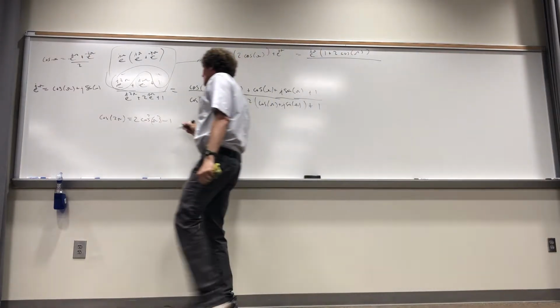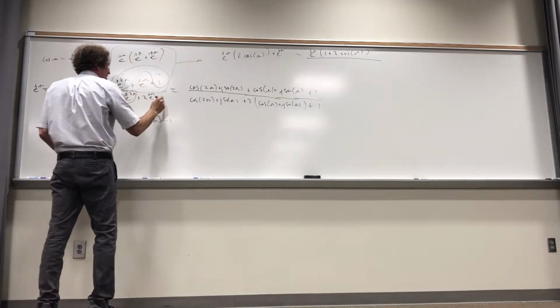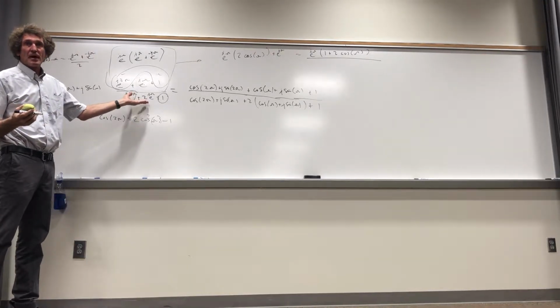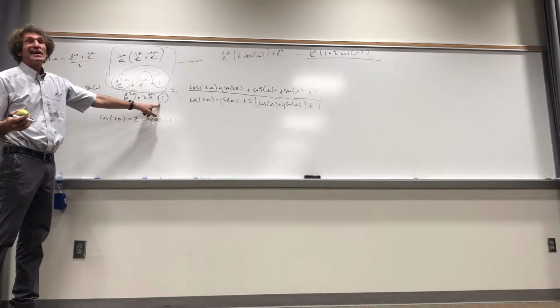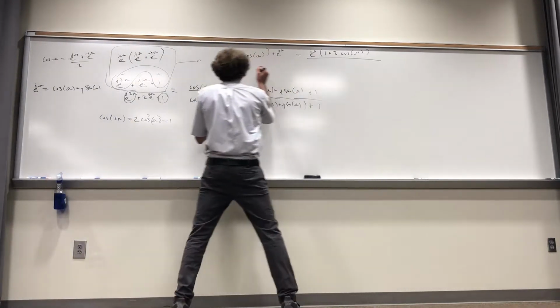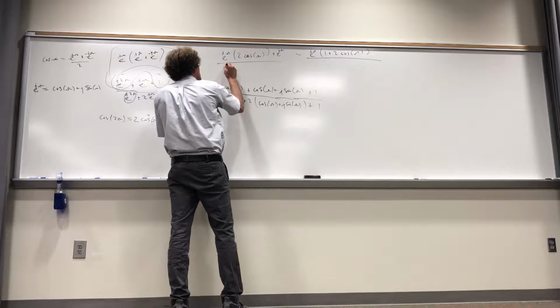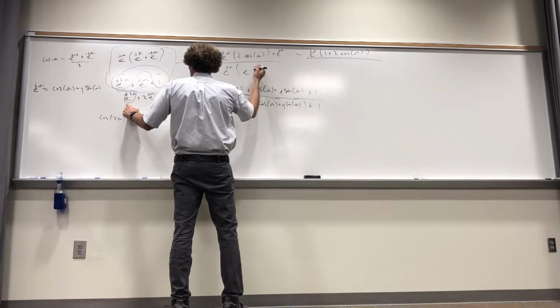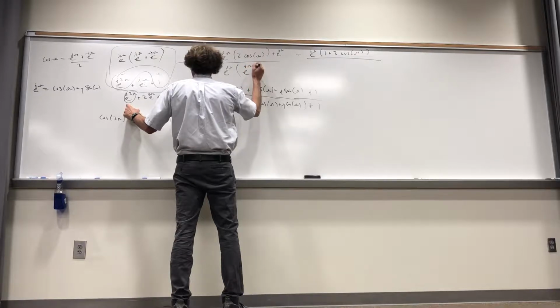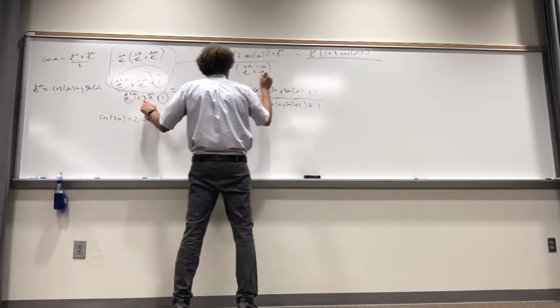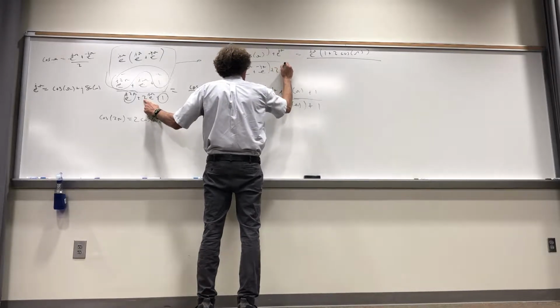Now go down here, take these two right here, and do the same thing. You factor out e to the j omega, right? If I factor out e to the j omega, I get, down here, e to the j omega plus e to the minus j omega, and then I have plus 2 e to the j omega.